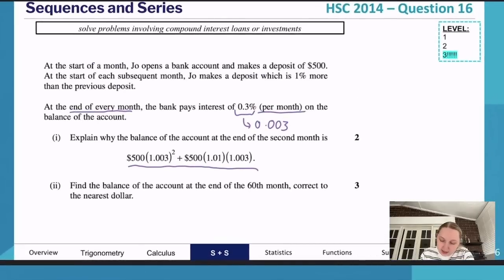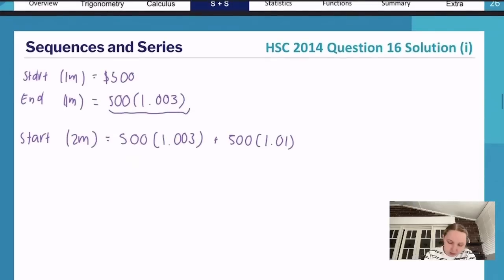Because each time she makes a deposit 1% more than the previous deposit. Okay, then let's think about the end of the second month. We're then going to have all of this earn some interest.